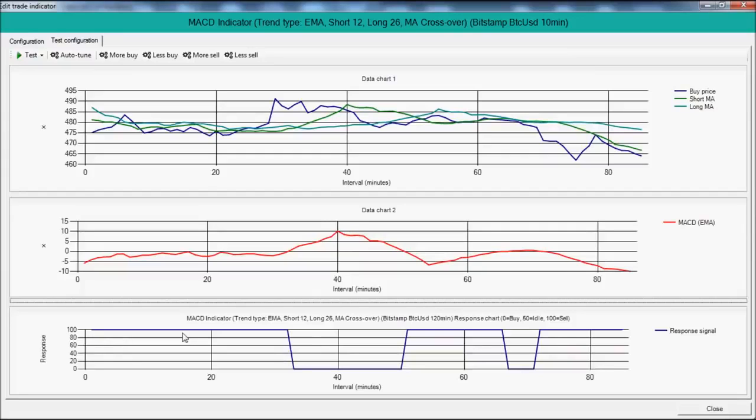So here it was giving us a sell signal, and then it went down to give us a buy signal, and then a sell signal. So you see the MACD just gives you a buy or a sell signal.